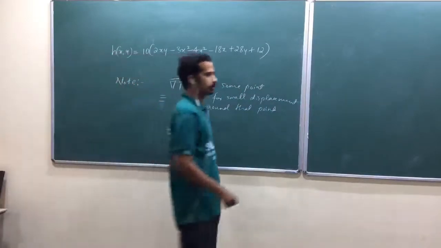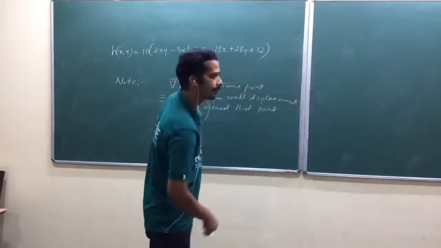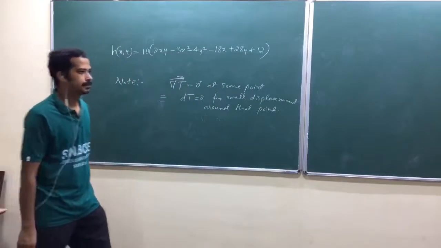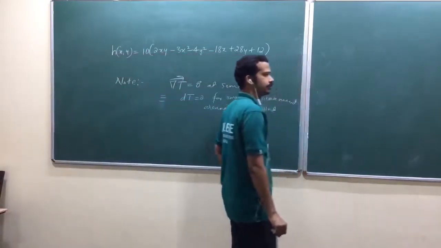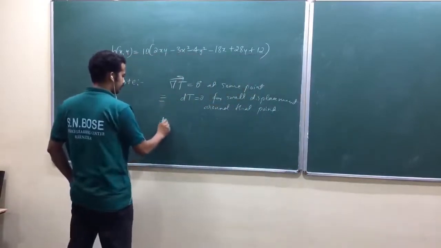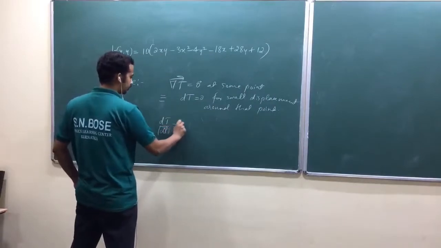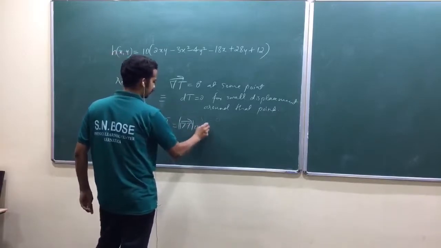Or you can just write dt by dl vector mod dl vector is equal to del t cos theta. Am I right?